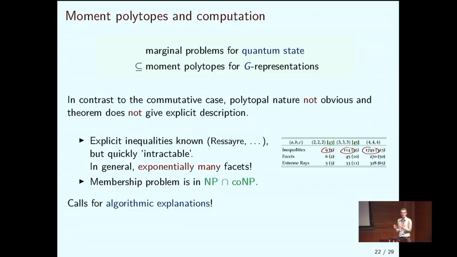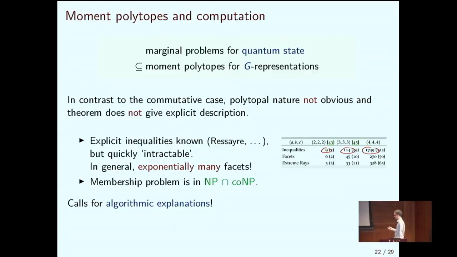And the theorem, unlike previously, does not give us an explicit description. Previously I said it's the convex hull of all weights, or the convex hull of the support. Here things are much richer, and it's related to what Ankit was saying: in the non-abelian case, you have to look at all bases at the same time, so you have to understand all the supports at the same time. That's a heuristic reason why it's possibly more complicated.